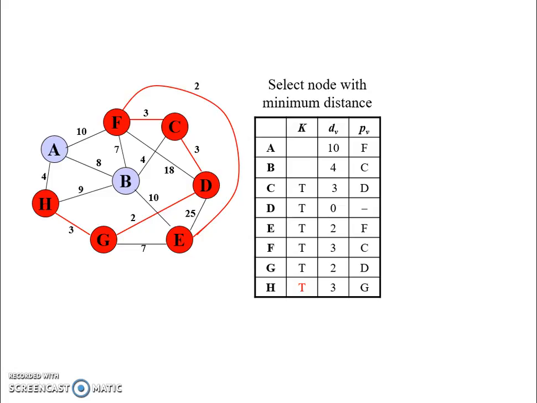And we can include H in the spanning tree and find the nearest or the immediate neighbors of H, which is A, B and G. Among that, G is already visited, so we have to consider only A and B. For A, we have previously the value 10, so now we can replace the 10 by 4 because from H to A we have the value 4. And similarly for B, previously we have 4, but now from H to B we have 9, so we can't replace.